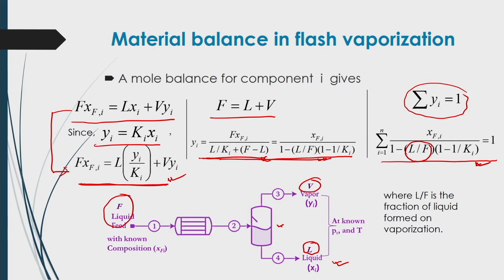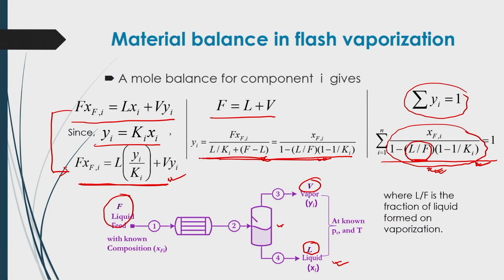Okay. So in this case, very interesting, this equation as shown here, if you keep on changing that L and F value and also calculate the respective summation of these terms, you will see that at a particular L and F value, the summation will tend to become 1.